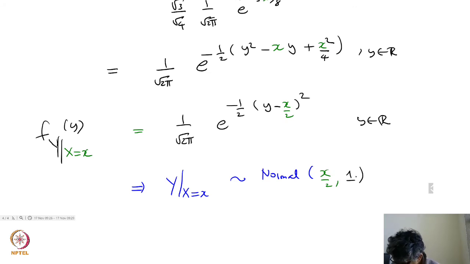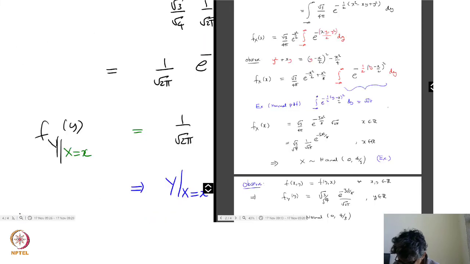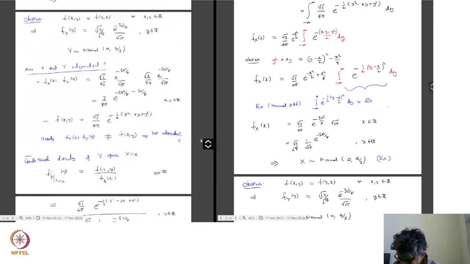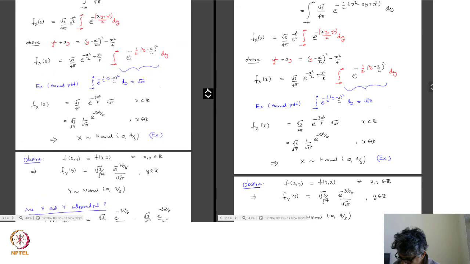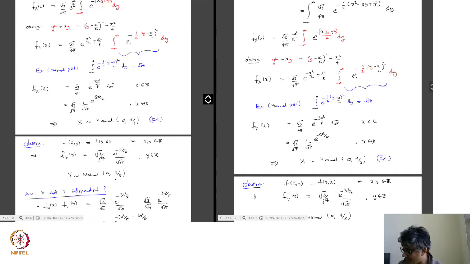So now you can see that the mean of y changes if you know what x is. Let's go back to the split view again and check what's going on. Here we found that the individual density of y is just normal with mean 0 and variance 4 by 3.